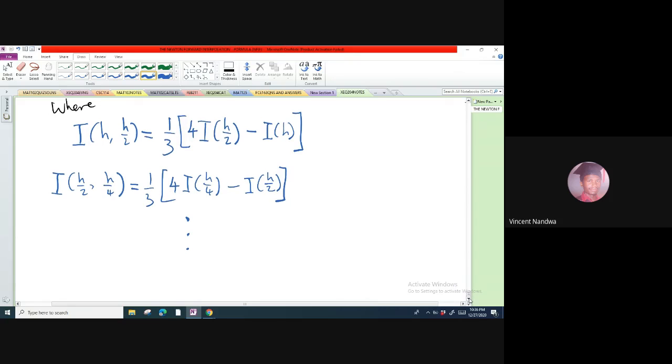And then let's start with those with three values. I of h comma h over 2 comma h over 4 is given by a third into 4 times I of h over 2 comma h over 4 minus I of h comma h over 2.